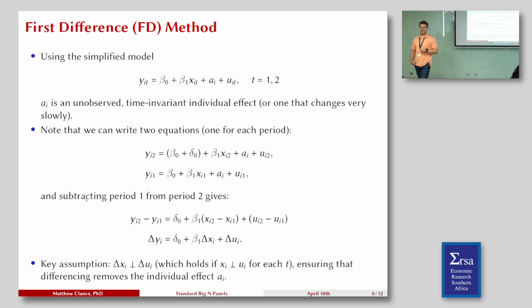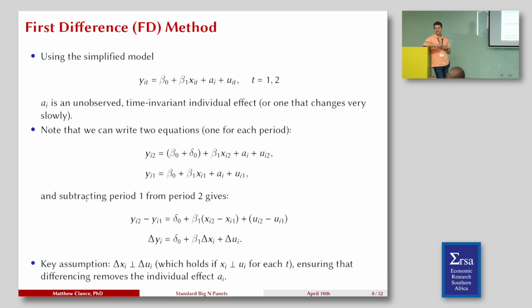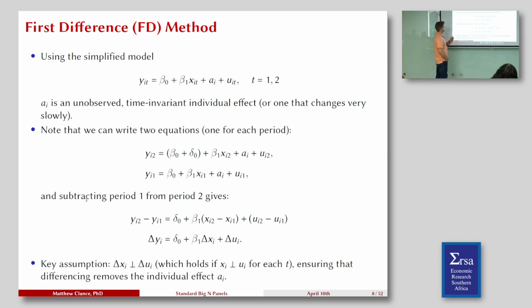Now there is some newer research that says that we can look at unobserved time variant heterogeneity as well, under some certain conditions. We're not doing that here, but like I said, this stuff is always expanding a little bit. But either we assume that the AI is time invariant, or we assume in some ways it's changing very slowly.